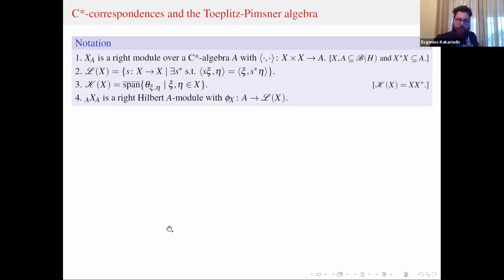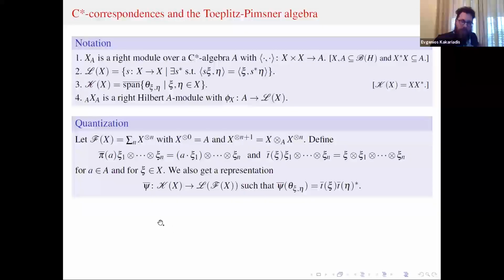There is a nice way to quantize this. You can build a Fock space by taking the tensor products of X with itself, modulo the module A. And you can define a representation of A by acting on the left on elementary tensors of this form.